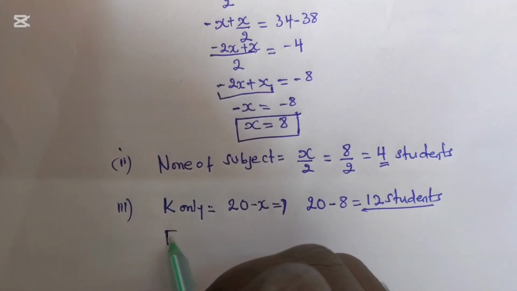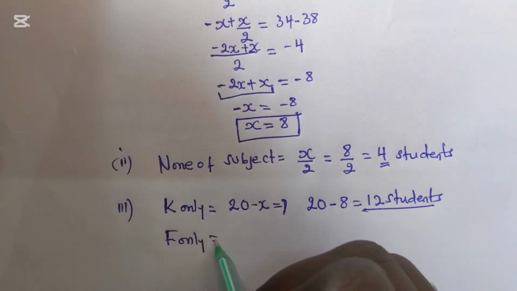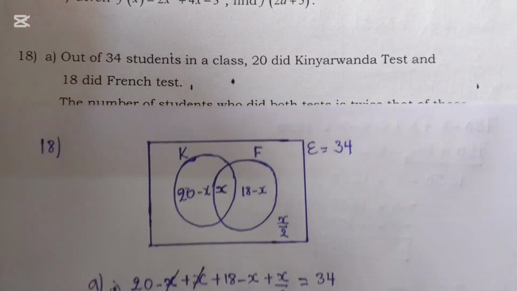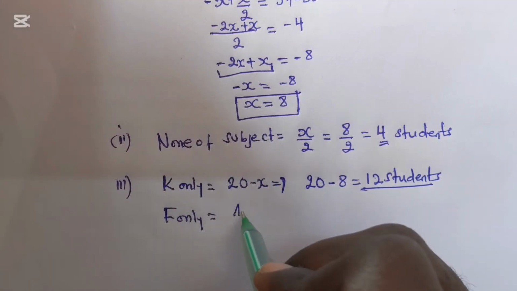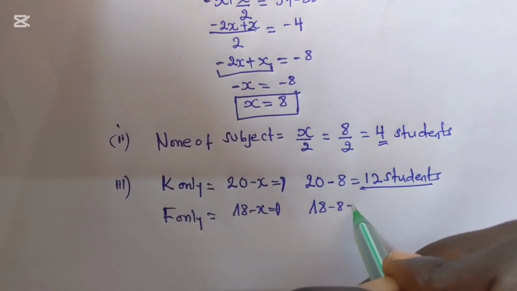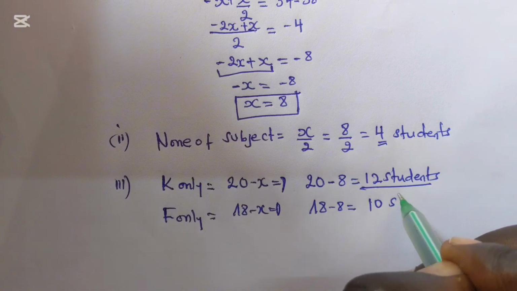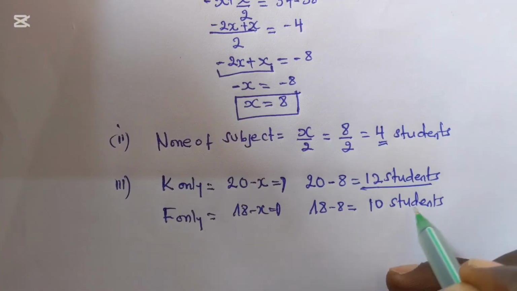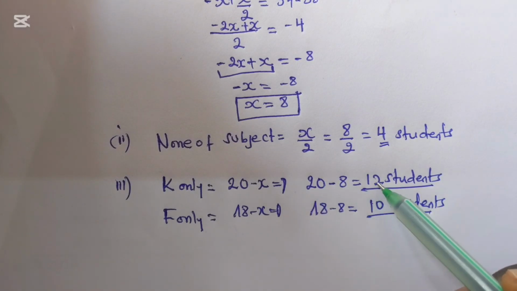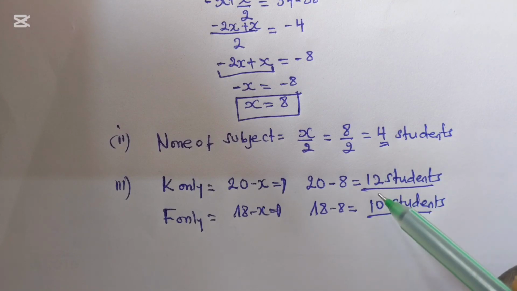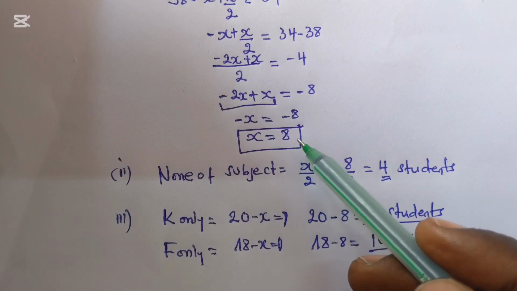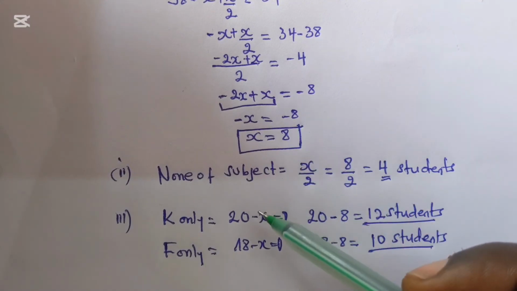Then for French only, we are given 18 minus x, so we take 18 minus 8 to be equal to 10 students. Kinyarwanda only is 12, French only is 10, to get 22, plus 4 is equal to 26. Then when you add those who did both, which is 8, you get 34 students.